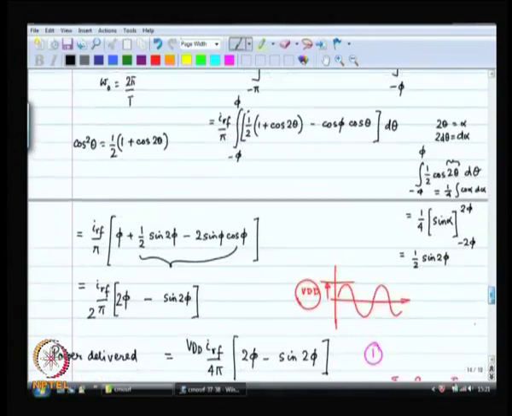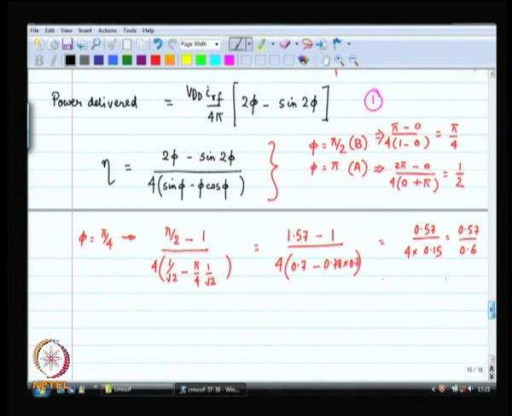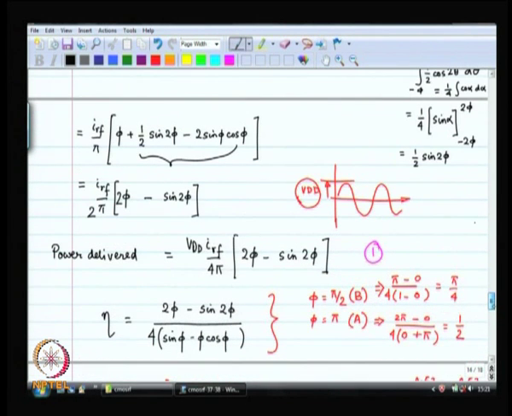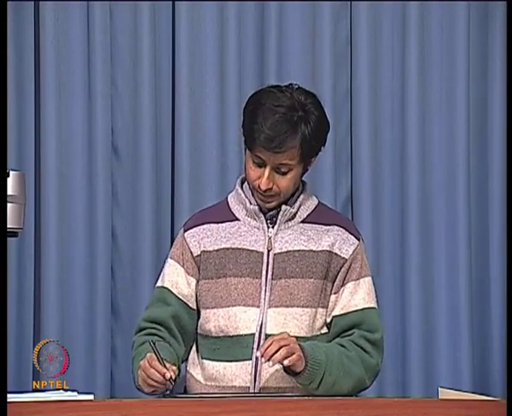So, that is basically what we did in the previous lecture, and we had two expressions, one for the power delivered to the load, best case power delivered to the load, and one an estimate of what is the power consumed from the power supply. So, with these two estimates we figured out what is the efficiency. All right.